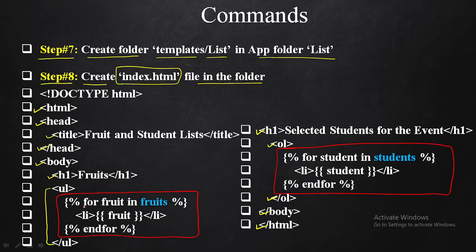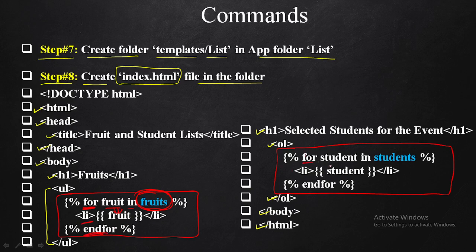Here, what is the code? This is a for loop. For fruits in fruits. Just remember this word fruits, which is highlighted in navy blue color. These fruits are displayed over here in the list item, then the end of the for loop.